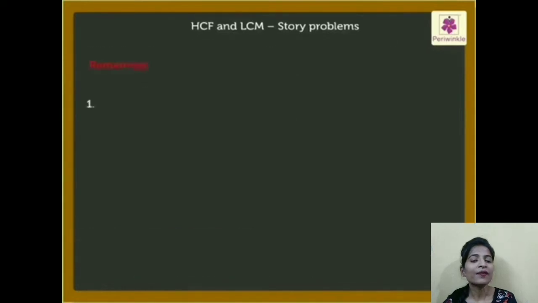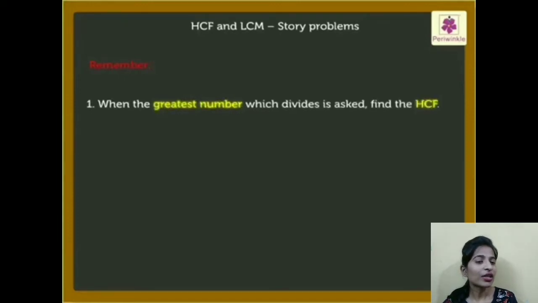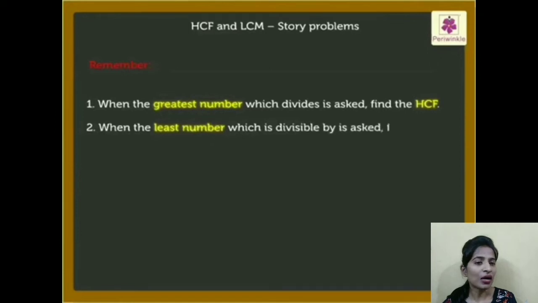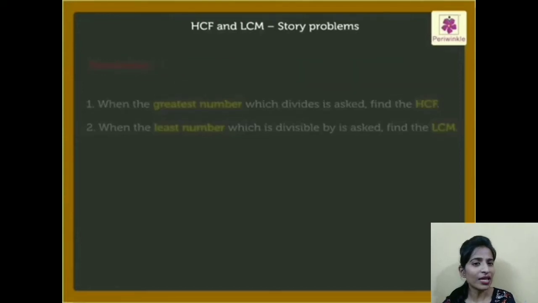It means when the greatest number which divides is asked, then we need to find the HCF. But when the least number which is divisible by is asked, then we need to find the LCM. L for least and L for LCM.